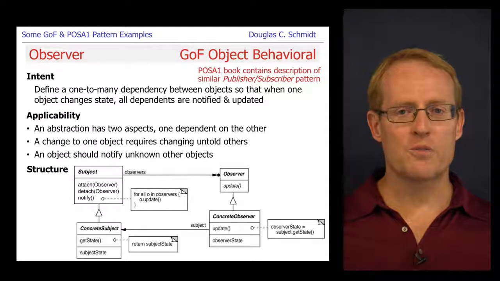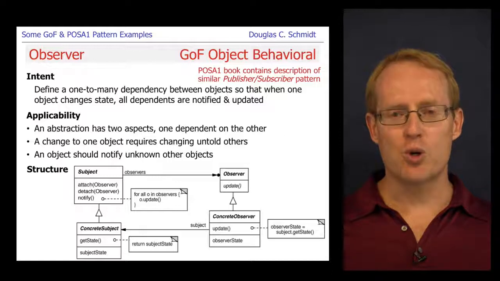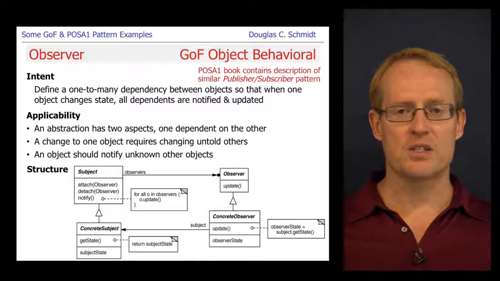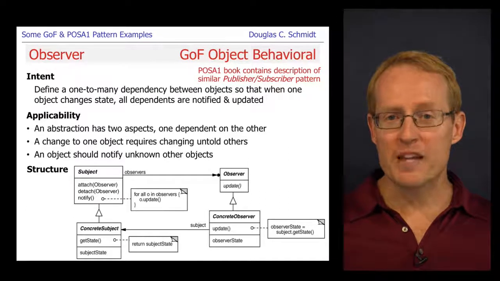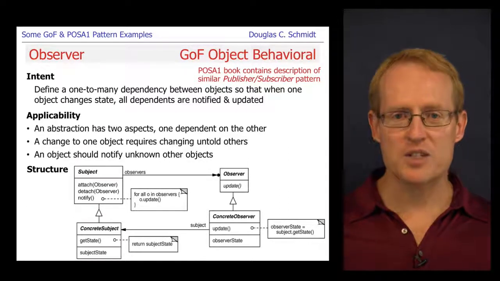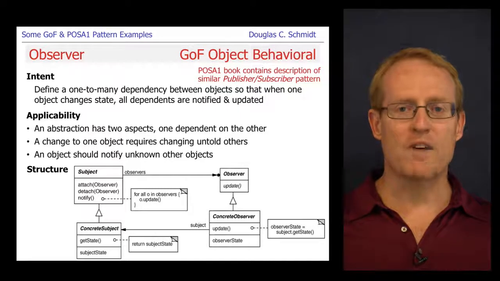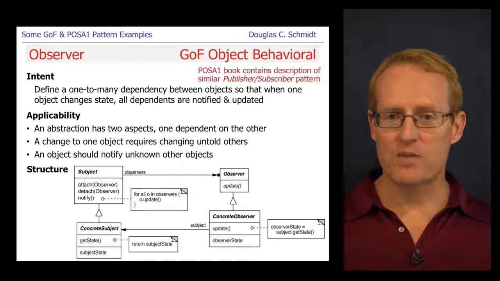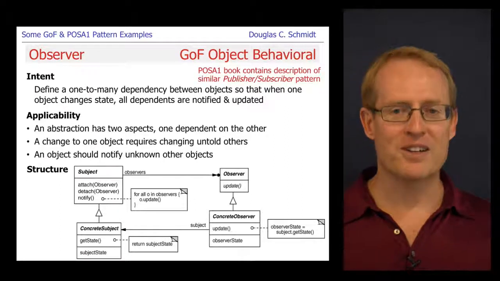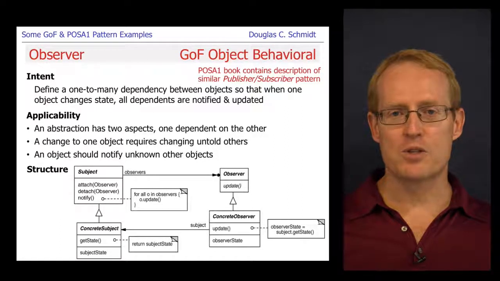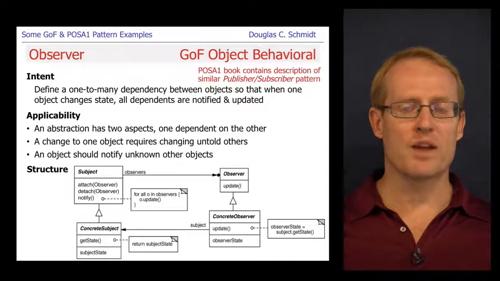When you use observer, what you typically end up doing is you create concrete observer instances, attach them to the subject, and then when something interesting happens that involves changing state, you call notify on the subject. And what notify does is it iterates, most likely using the iterator pattern, through the set of observers calling update on each of them.